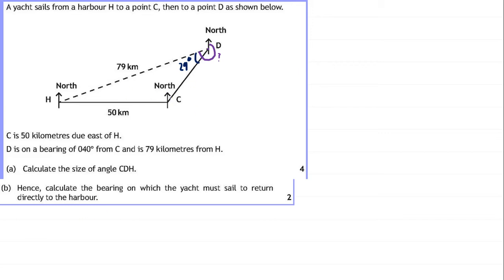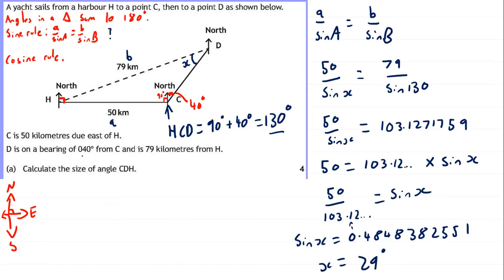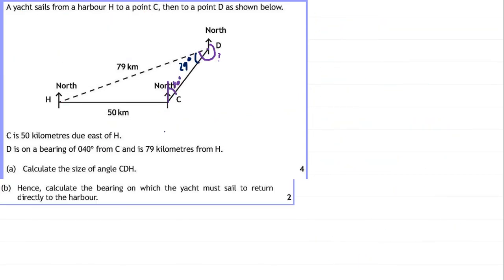The other thing I'm going to note on here is that this angle is 40 degrees. And that's just, we marked that on the previous diagram, if you recall. And that just comes from here. Okay, so we've marked the diagram with the things that we're interested in. Let's just have a think about what we know. And it might make sense just to draw this picture again in just a simpler fashion.